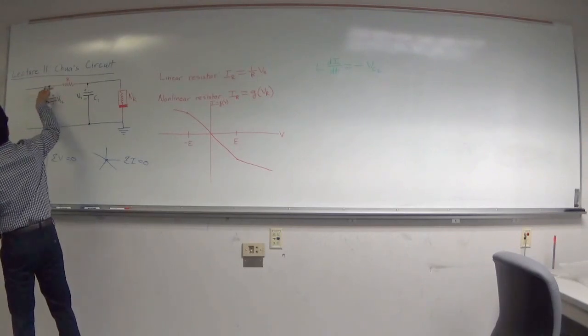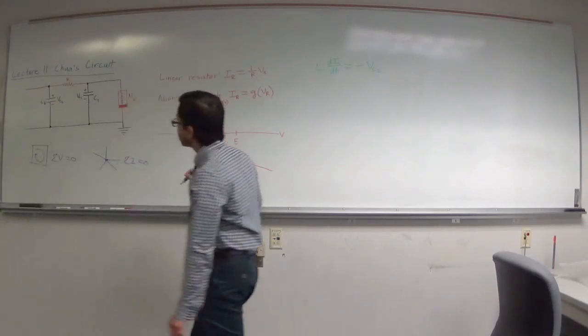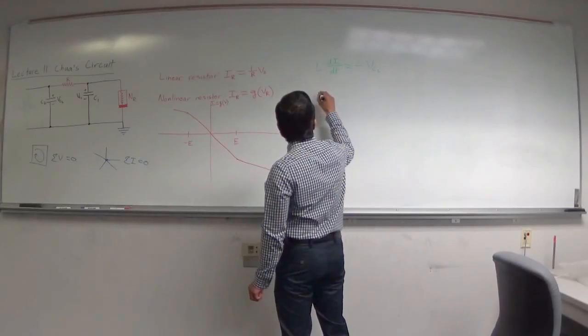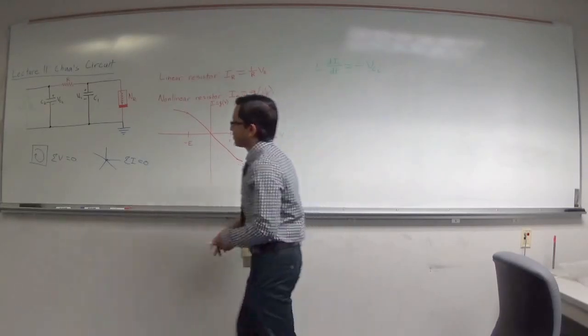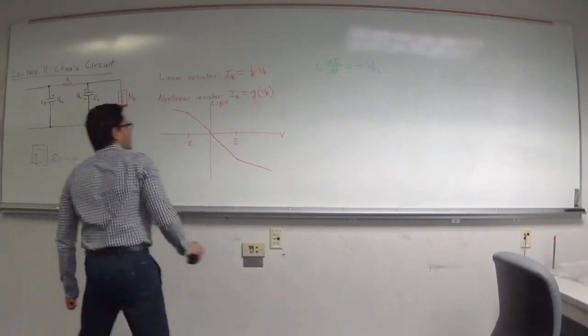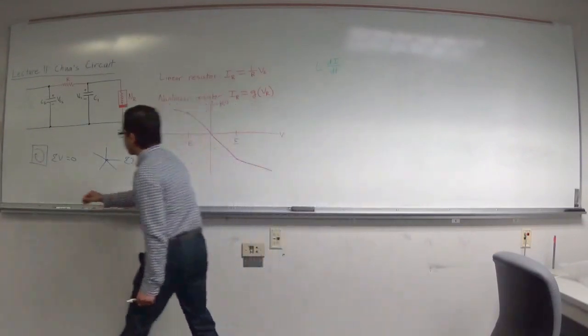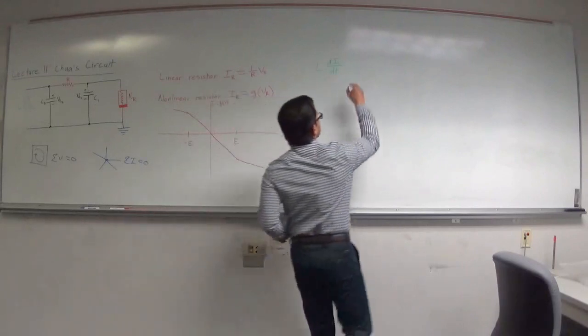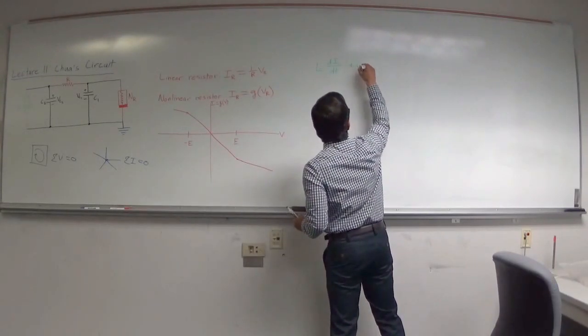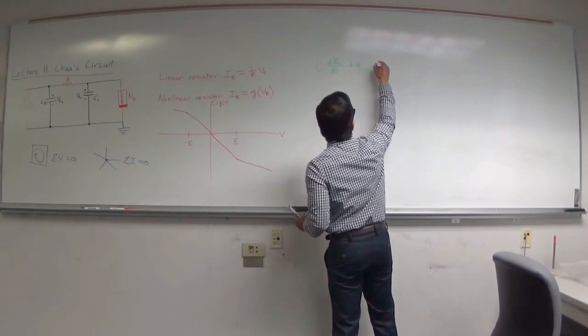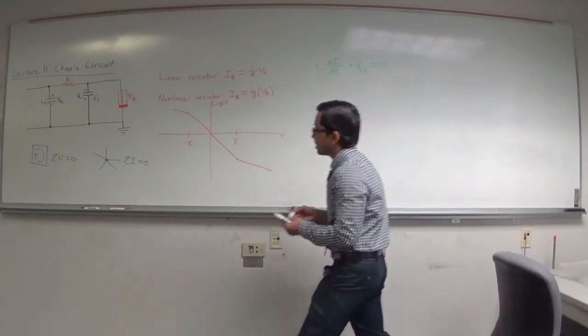So we can very easily write this. So that current is coming in. So really over here, I should have written it like this. This would have been better if I wrote plus VC2 equals 0.